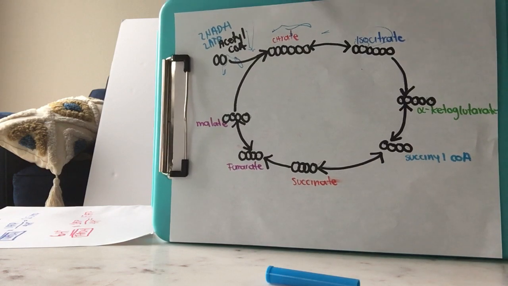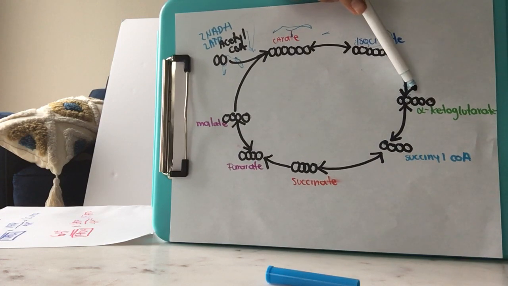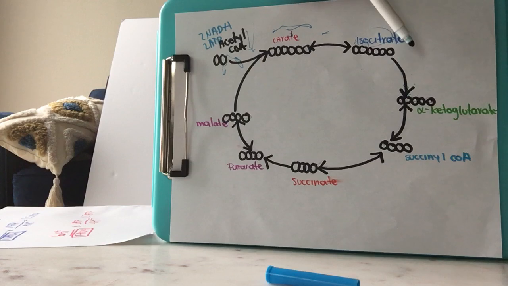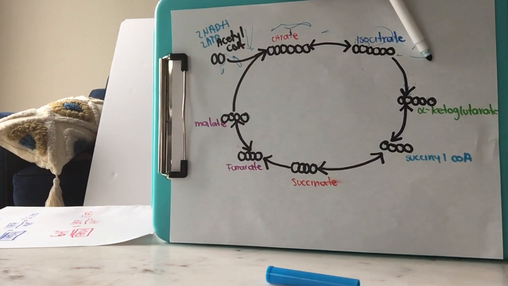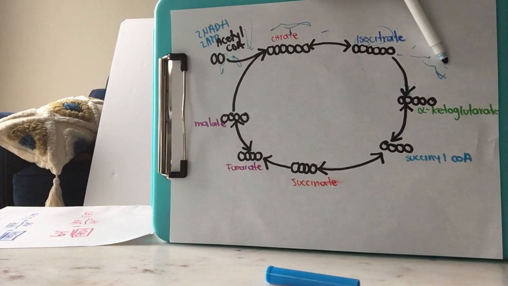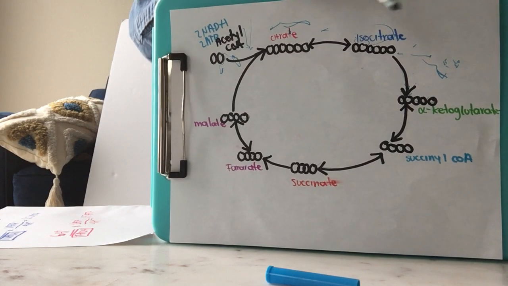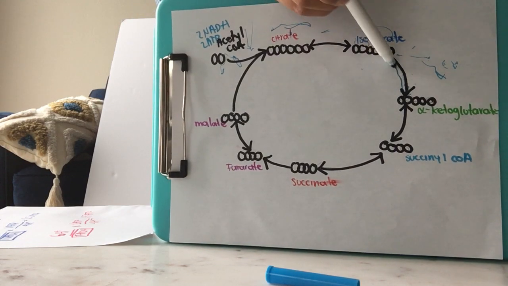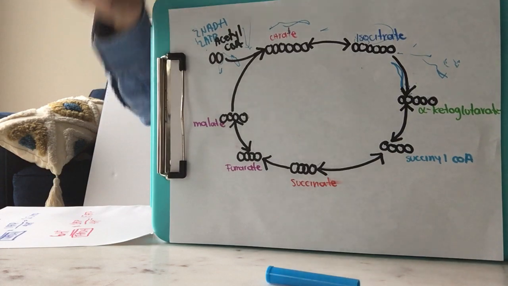Then this isocitrate is converted into alpha ketoglutarate by the help of isocitrate dehydrogenase. Here, an NAD plus turns into an NADH. This here, you'll see it's an irreversible step. So just keep in mind, here we have 2 NADH and 2 ATPs.